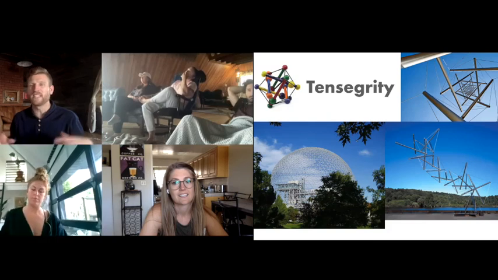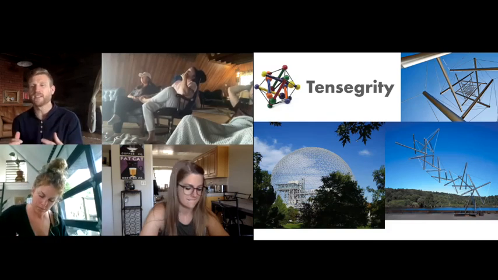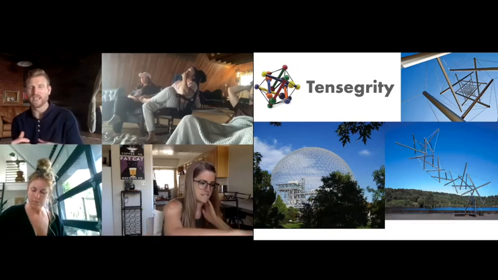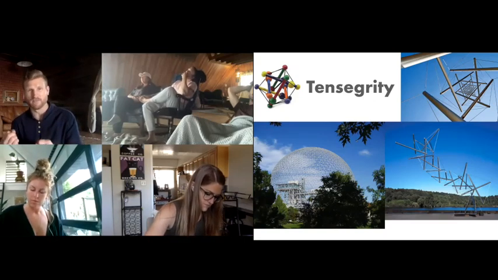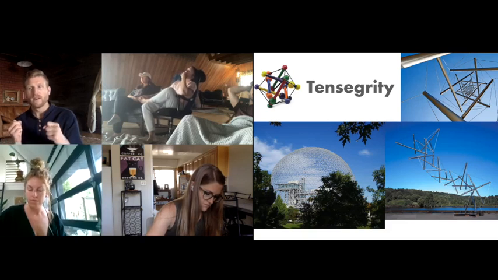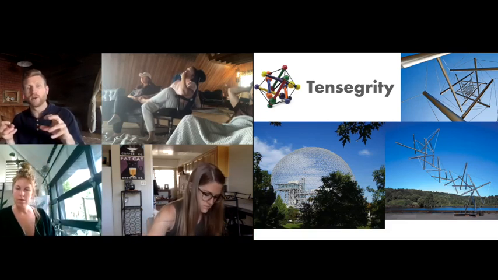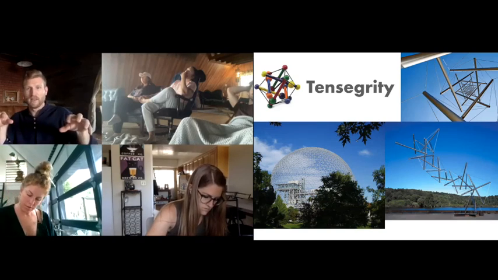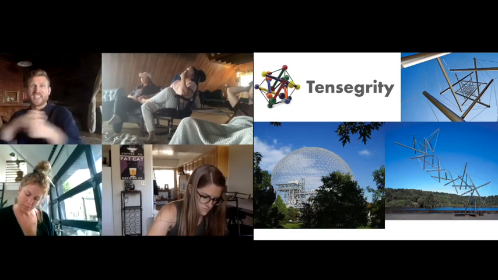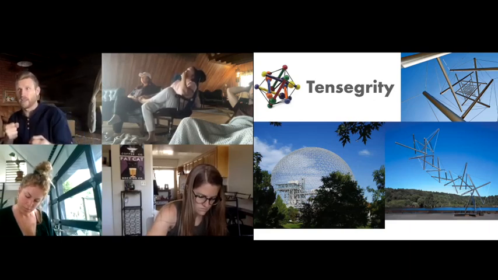Tensegrities are all about tension and compression. The defining phrase of tensegrity is islands of compression within a sea of tension. And tensegrity itself is a portmanteau of the words tension and integrity. It's the tension that allows the structure to maintain its integrity.